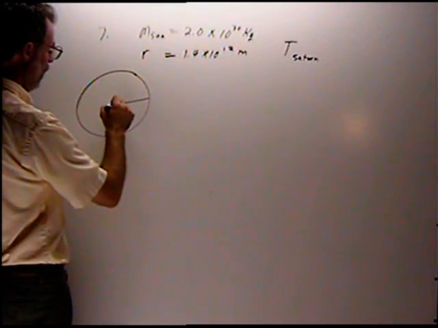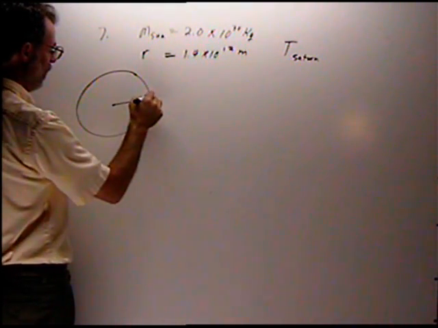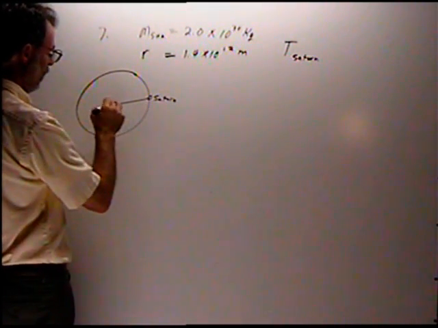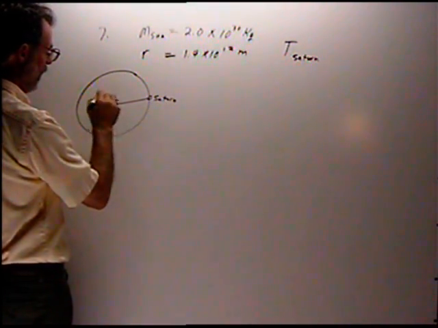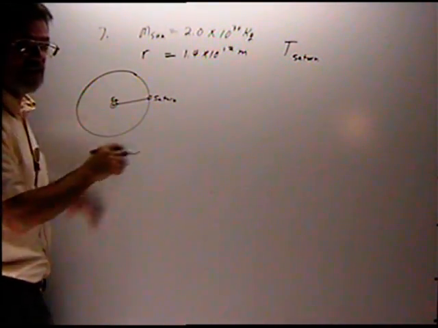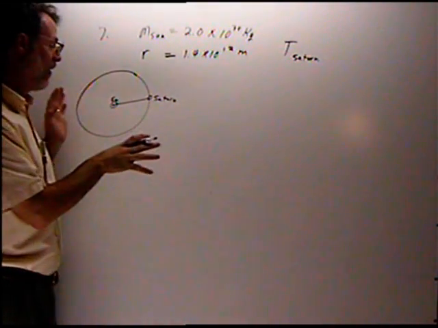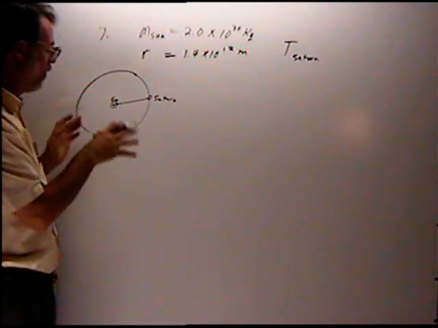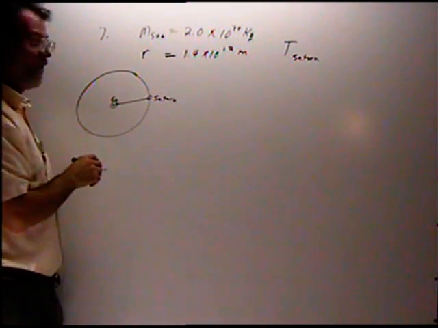Remember, here's Saturn, and right at the center is the Sun. Using this as a simple model, ignoring all the other planets, which would slightly perturb this orbit but not too much, we're going to assume we have a circular orbit.